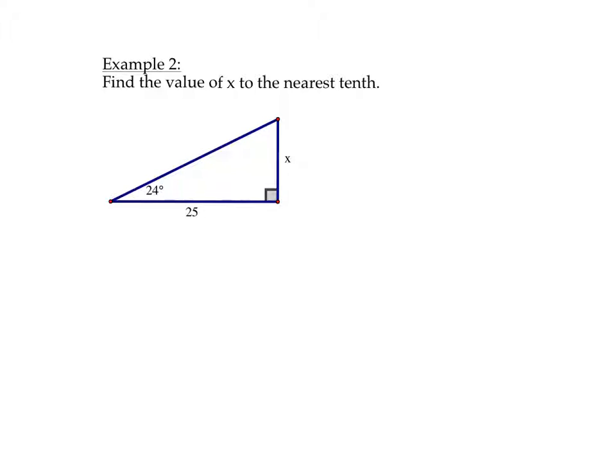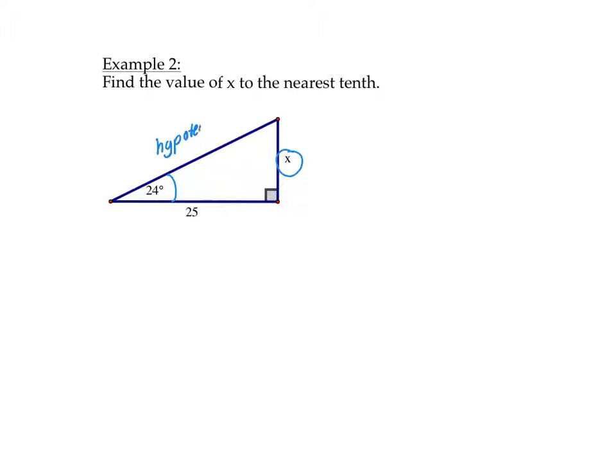Alright, but before we get to an application, let's take a look at how to use it to solve for a side in a triangle. So first of all, you need to identify an angle that you want to work with. Now in here, the 24 degrees is marked for us, so we'll try to use that one. And then identify your sides as either being opposite, adjacent, or the hypotenuse. Now, for tangent, we don't need the hypotenuse.